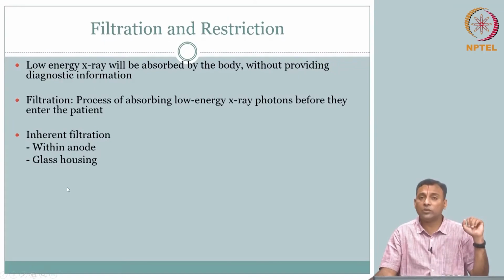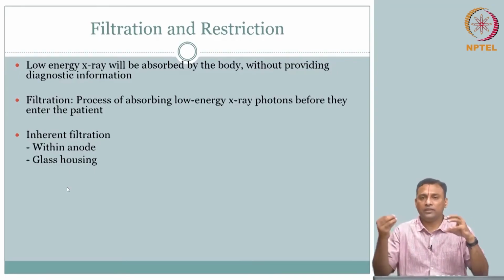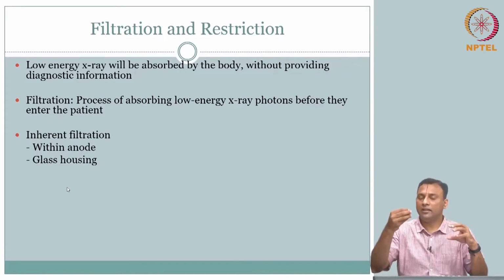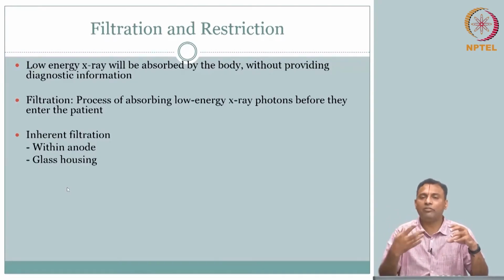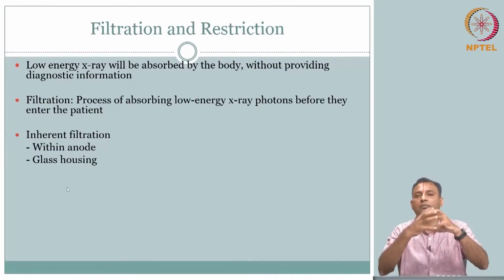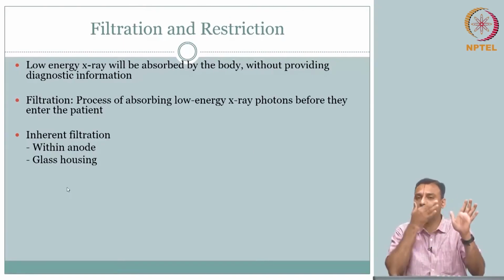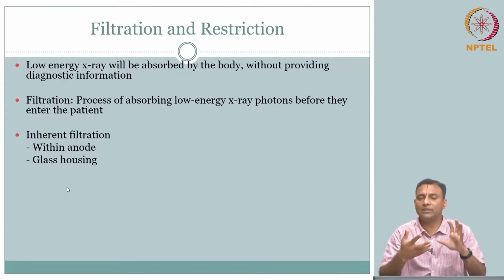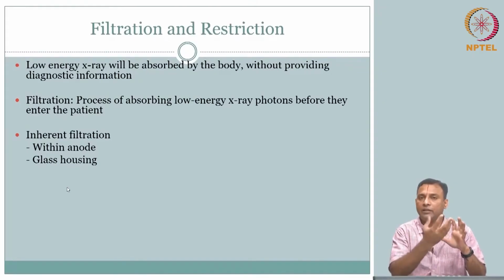The other is the glass housing. Why is the glass housing acting as an inherent filter? Because you have tungsten, you have thermionic emission, so you have a lot of heat generated. So, some amount of vaporization of this material happens, and because glass is there, it comes and deposits on the glass. So, over time there is a coating.